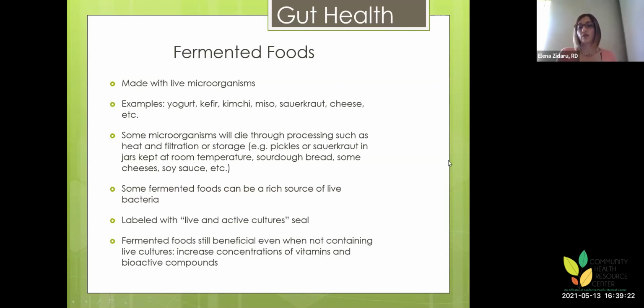And as I mentioned, they're still beneficial even not containing live cultures, because they can increase concentrations of vitamins and bioactive compounds. They can actually make certain chemical compounds in that food more bioavailable to our body. So it's still definitely worth eating the fermented foods, regardless if the bacteria will still be live or not.